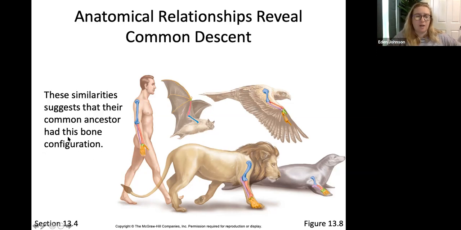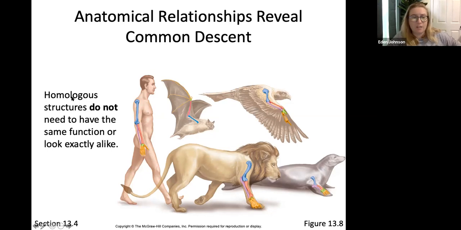Similarities suggest that their common ancestor had this bone configuration. Homologous structures do not need to have the same function, and they do not have to look exactly alike. So this configuration in a bat looks very different from that of a human's, or that of seals.